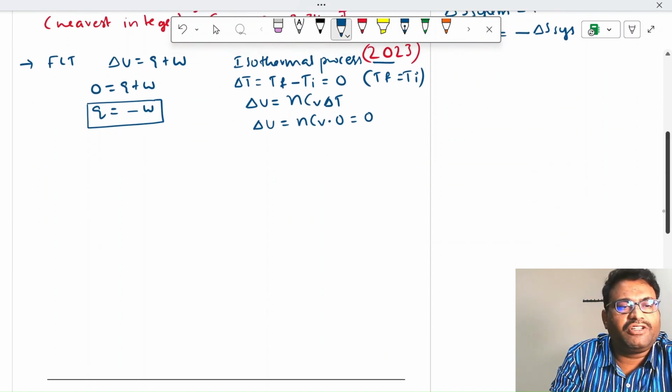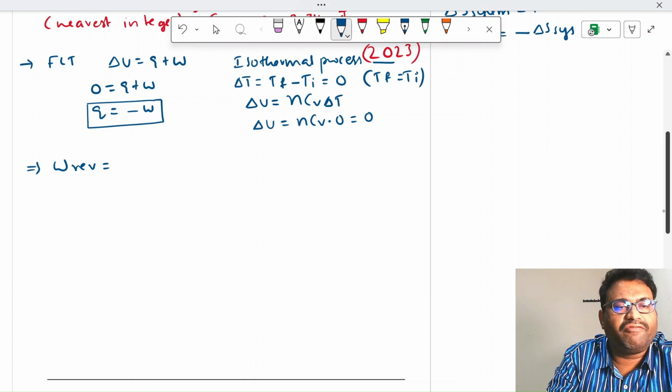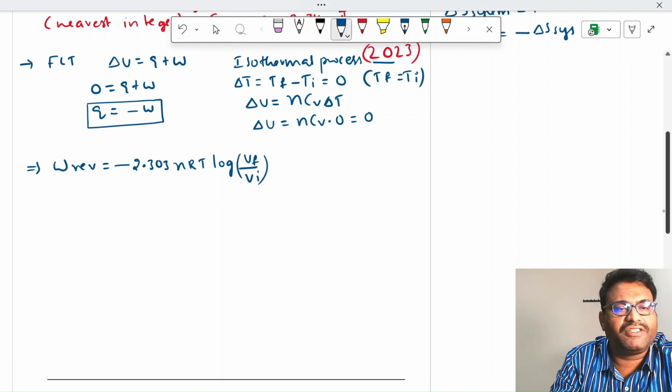In an isothermal process, we have studied that work done reversible is given by minus 2.303 nRT log V final by V initial. We have already derived this formula previously. And from equation 1, Q is equal to minus W. So Q is equal to minus of minus 2.303 nRT log V final by V initial.